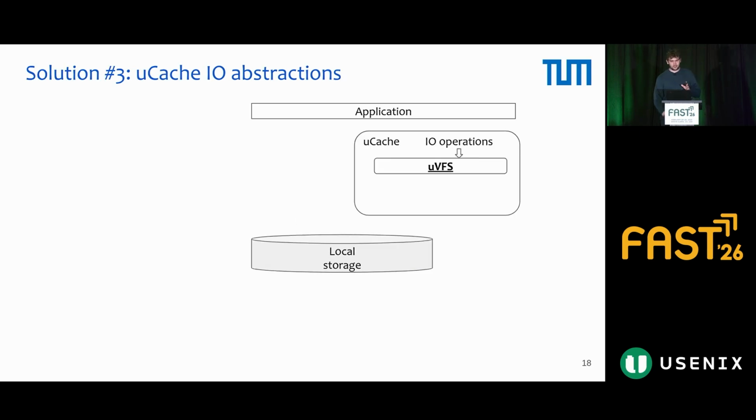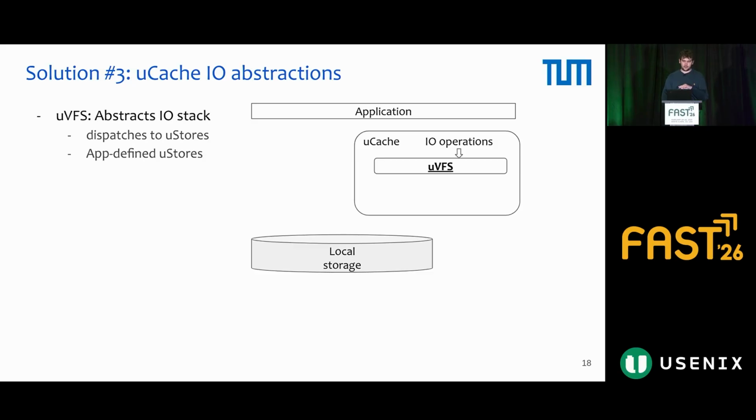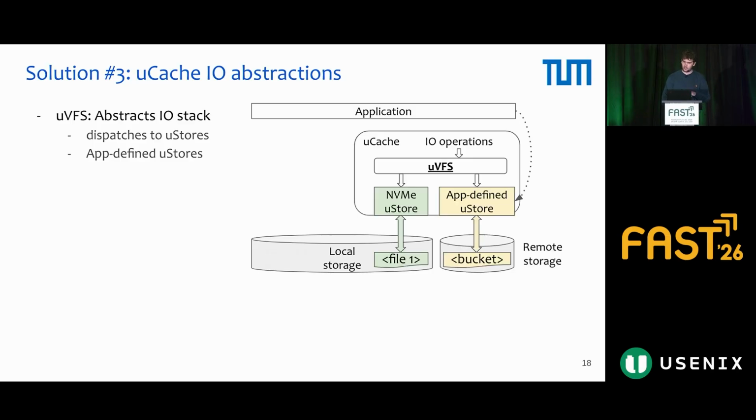To address this challenge, uCache introduces two abstractions for the IO layer. The uVFS abstracts IO backends, or uStores, and dispatches operations at the buffer granularity to the corresponding IO stacks. We leverage, once again, the unikernel architecture to enable the application to use custom uVFS-compatible IO stacks.